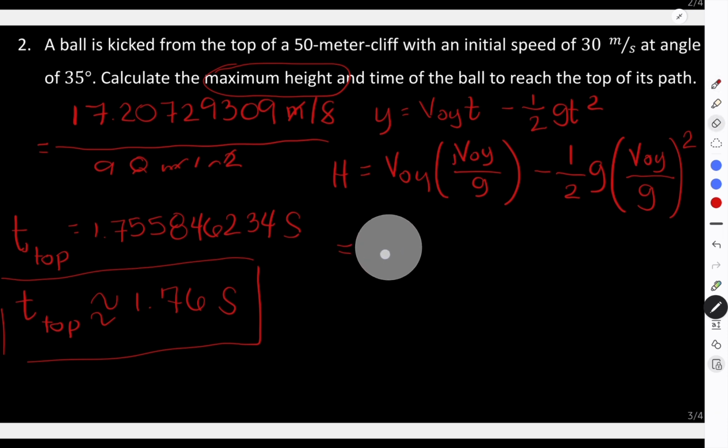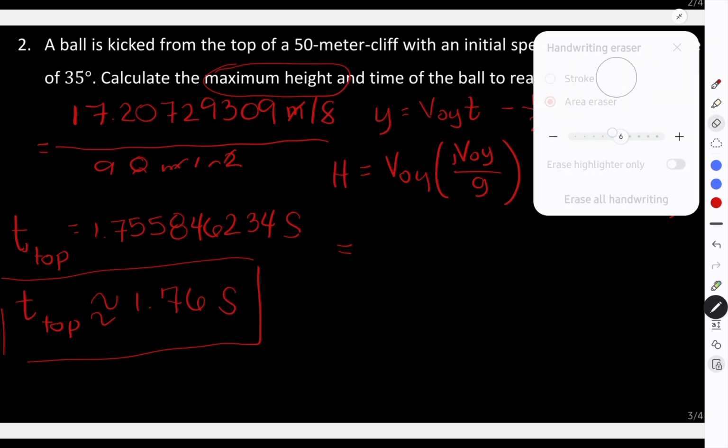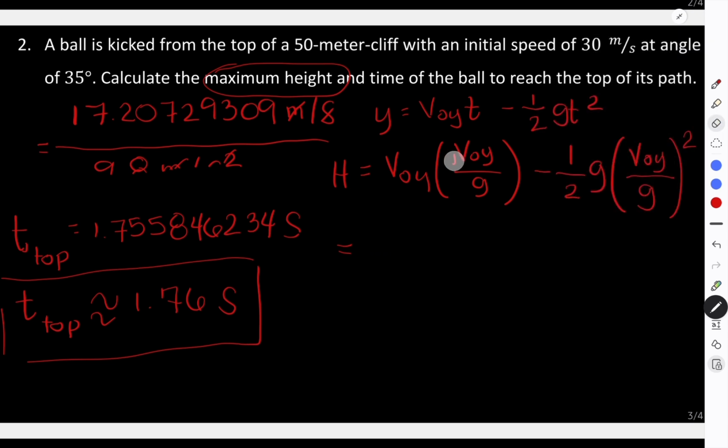Let's change this. That becomes 2 initial velocity in y component, so it means squared.